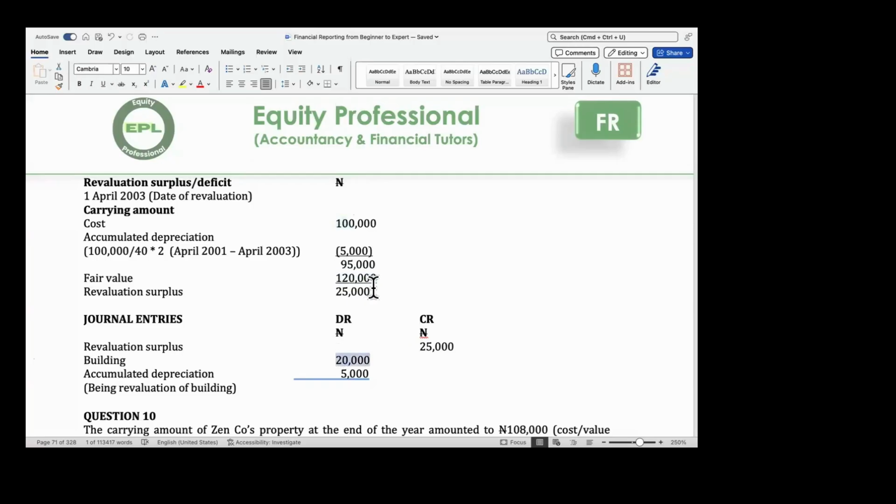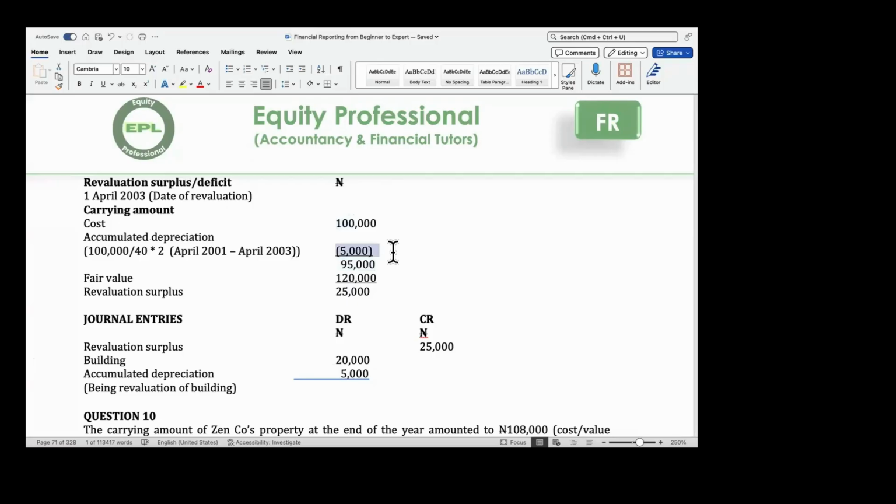The mistake you would make is to think that we are going to increase our asset by 25, because what was in your asset account is 95. No, I've already told you that what your asset account carries is not the carrying amount. The carrying amount is just done in the fixed asset schedule. It is cost that is in your asset account. Cost or fair value, that's what you find in your asset account.